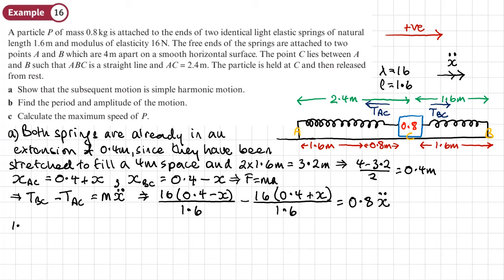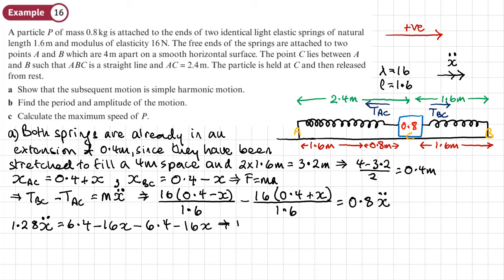So I've got 1.28 times the acceleration is equal to, so these 1.6s are gone, I'll expand the brackets here. 16 times 0.4 is going to give me 6.4 minus 16x, and then the second bracket I will get minus 6.4 and then minus another 16x.